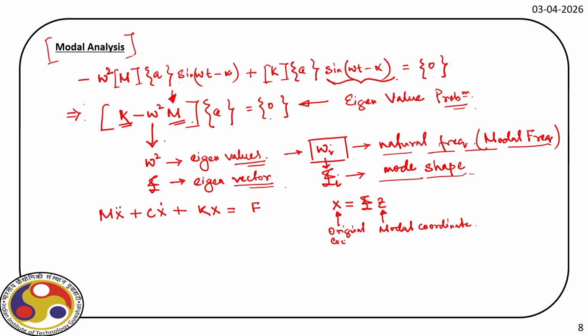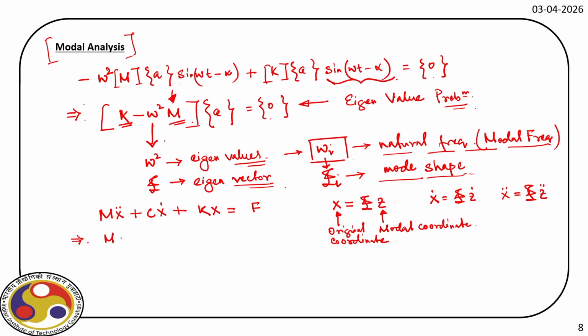Recall, we have already defined the degrees of freedom. Now, if x equal to phi z, obviously x dot is equal to phi times z dot, and x double dot is equal to phi times z double dot. So we can modify this equation.